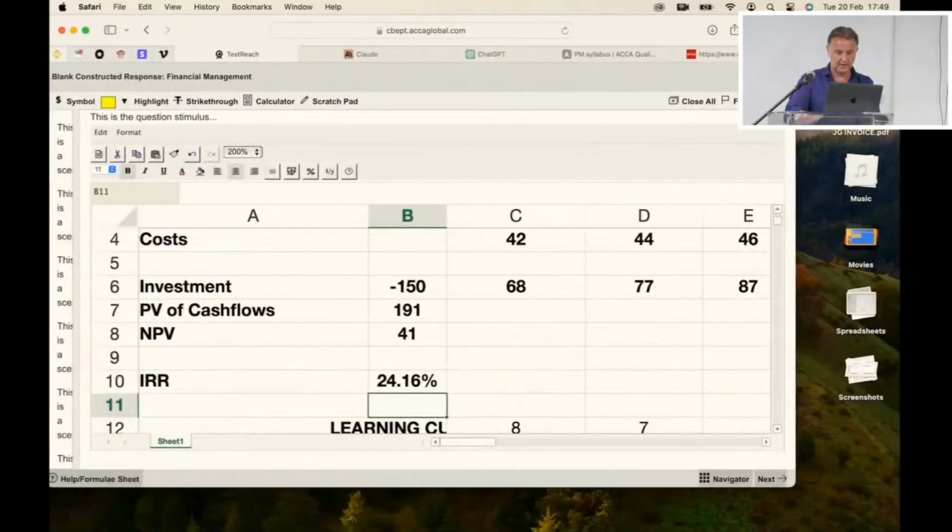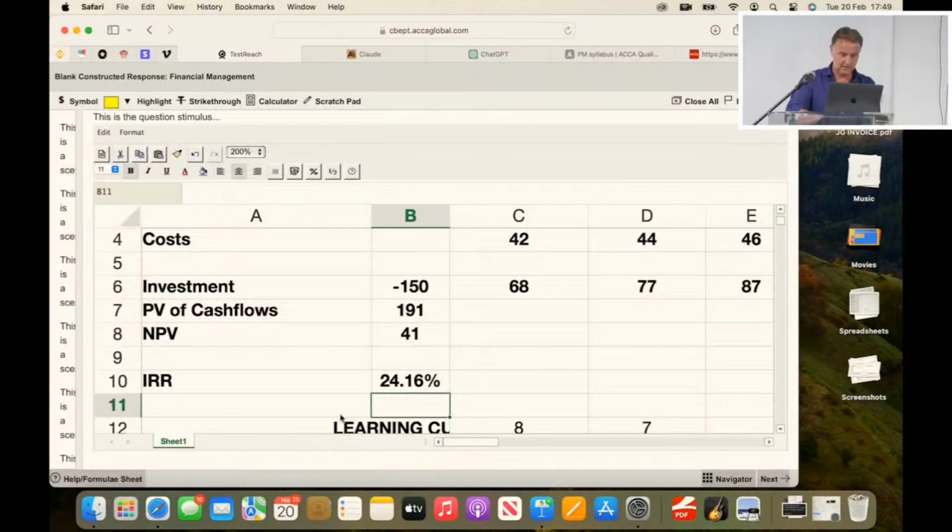So hopefully I should be able to do this here. You're telling the spreadsheet, I want MIRR, open brackets, from minus 150 to the 87, to the end, comma.